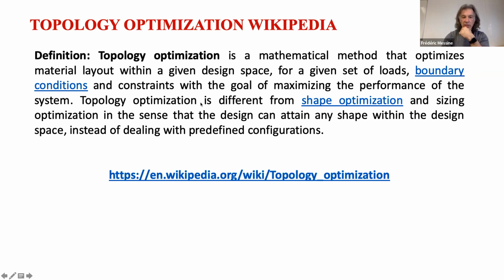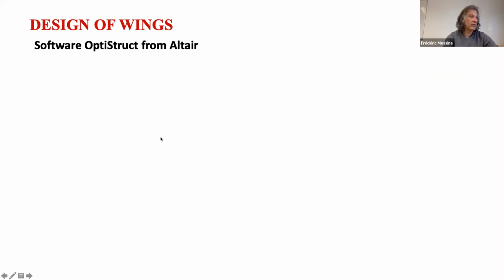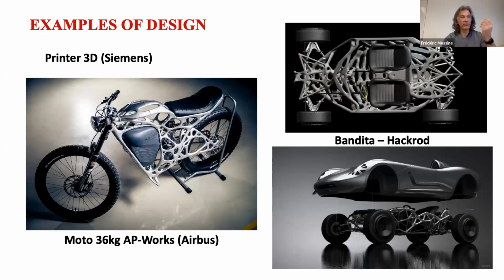So topology optimization is different from shape optimization and sizing or parameter optimization that I explained just in the first part of this talk, in the sense that the design can attain any shape that you want within the design space. You can have what you want. For the car here, you don't have to fix anything.